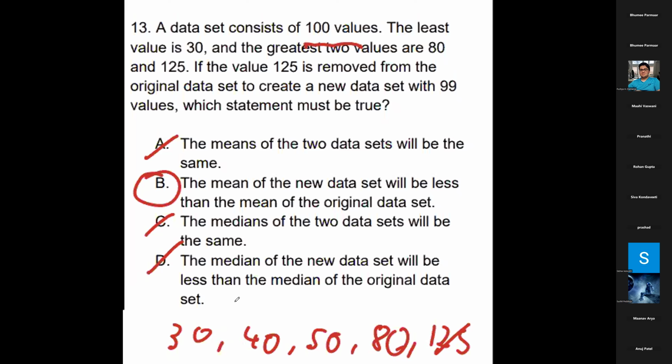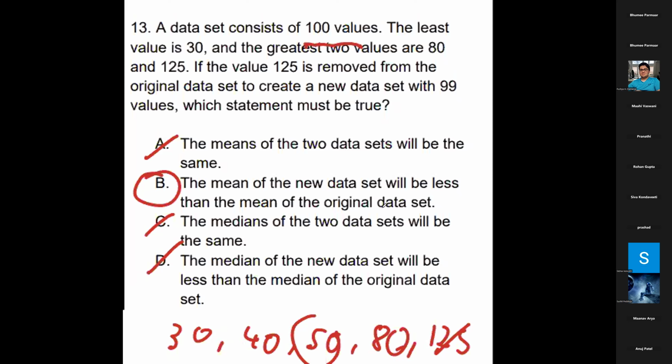And then for C and D, where I said we can't say anything about the medians, the median would be the middle number when the data set is sorted. In this case it would be 50, but for the new one, we don't really know what that would be. Because we only remove one value, it would be between 2 different numbers.